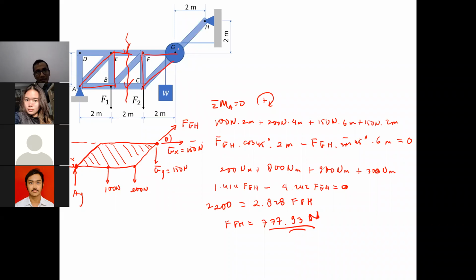With FGH already solved, we do not need to solve for AX and AY if we choose this one, right? Yes, correct. So the next one that we're supposed to do is to cut it.